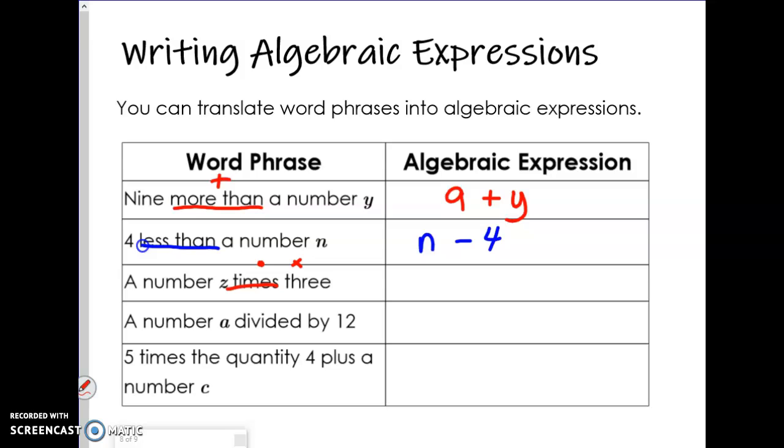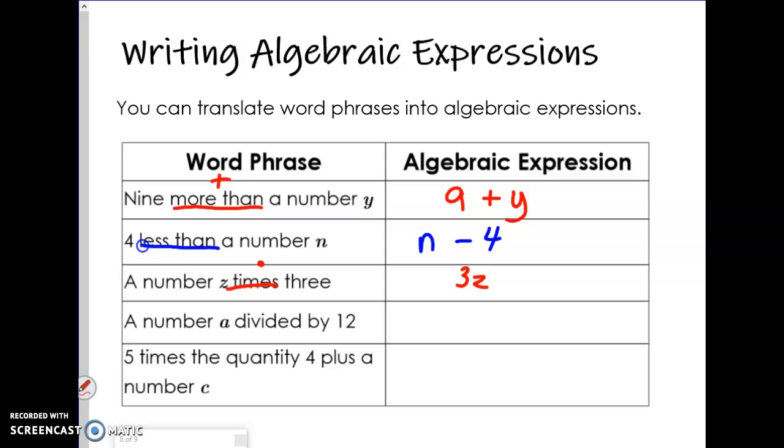So we want to avoid that altogether. We either want to use this dot or a number times 3, okay? And a number z, we would just write 3z, because smushing those together gives us multiplication in algebra.